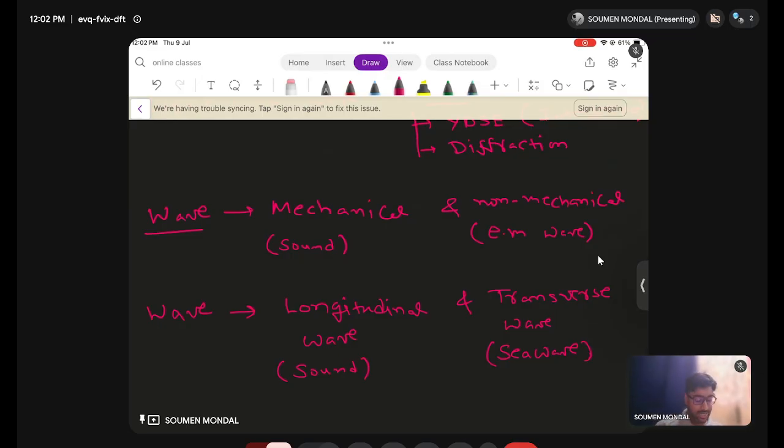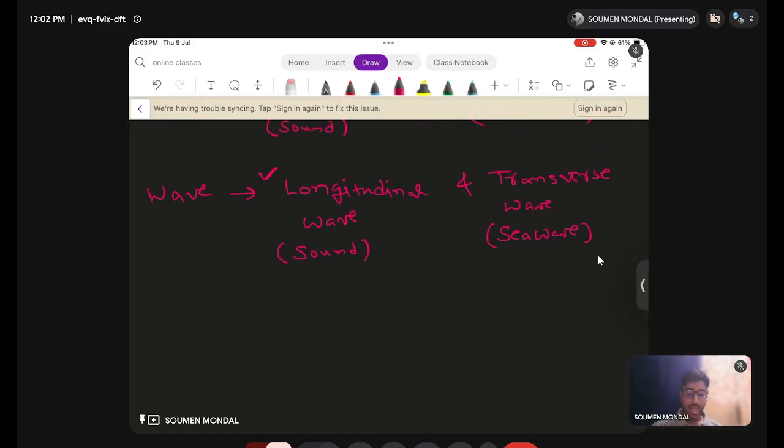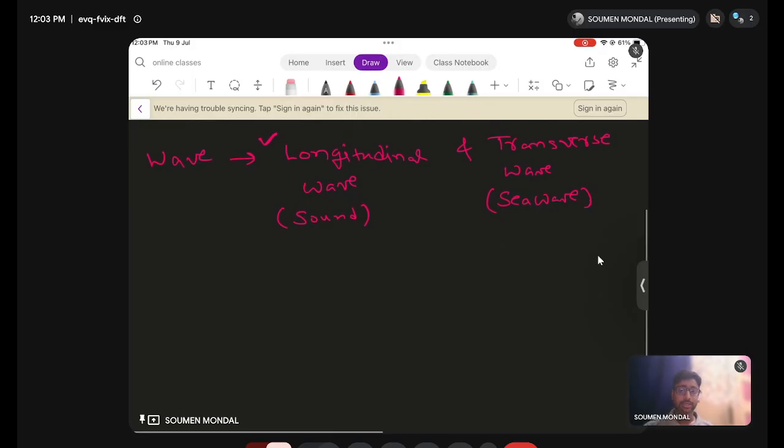Now the question is: if light, as we so far understood, is a wave, and an electromagnetic wave, what type of wave is light, longitudinal or transverse? Light is basically a transverse wave, and the proof of that is polarization. I am going to come to how polarization, which is a new property of light that we are going to study, proves that light is a transverse wave.